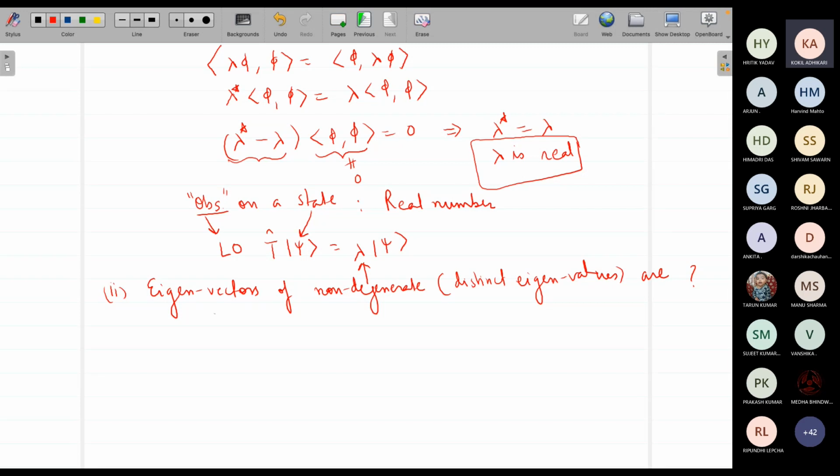So how to do that? Let's just see. T acting on phi 1 gives us lambda 1 phi 1, and T acting on phi 2 gives us lambda 2 phi 2. So a quick proof, where lambda 1 is not equal to lambda 2. Let's do something very quickly, the same way we did the last one. So phi 1 comma T phi 2. This, by definition of the self-adjoint operator, will be equal to T acting on phi 1 comma phi 2.